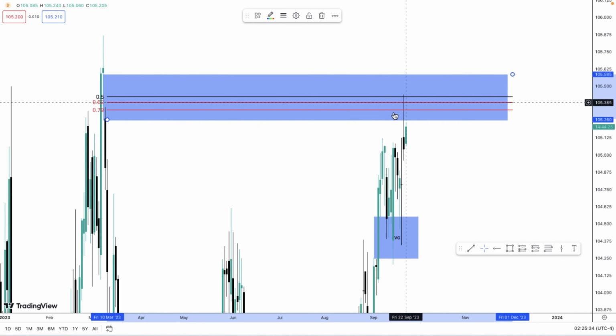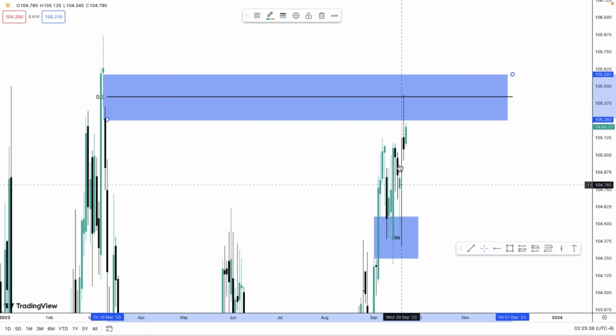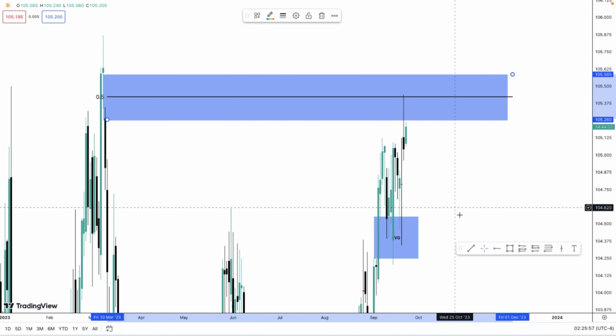So let me quickly remove this so I don't confuse you. We tested the consequent encroachment. We traded to the consequent encroachment of this volume imbalance. In other words, we traded to the midpoint of this gap. As you can see, price had a reaction, and now it's testing this volume imbalance once again.